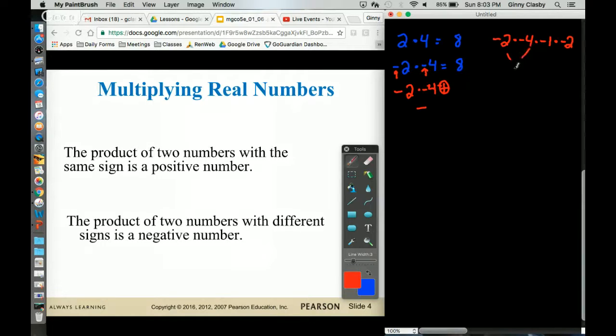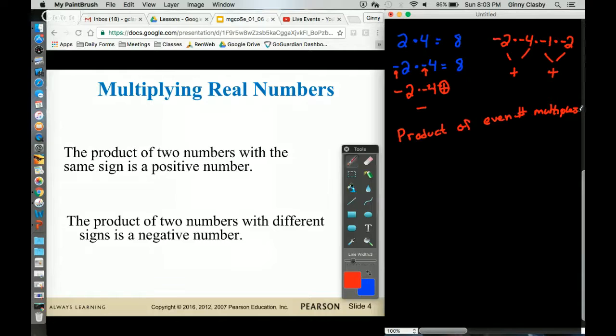Okay, that's still going to be positive because these two will be a positive, and these two will be a positive. That's going to give you a positive. So the other way that you can look at this is if you look at it as the product of an even number of multiples, okay, so long as those signs remain the same.